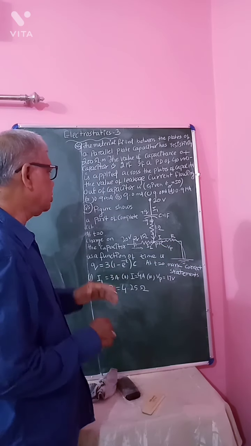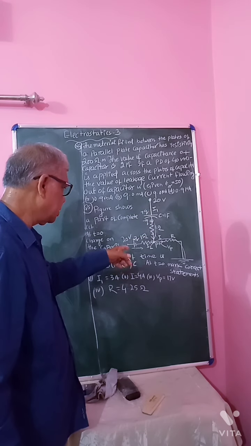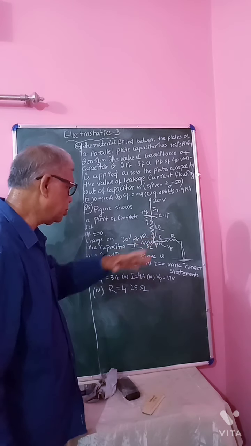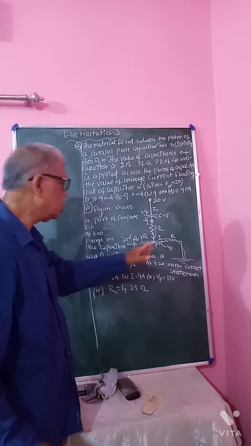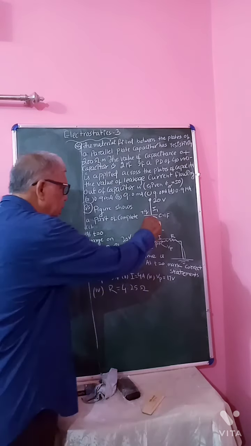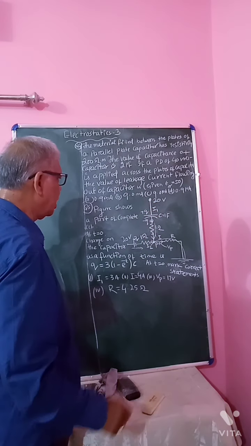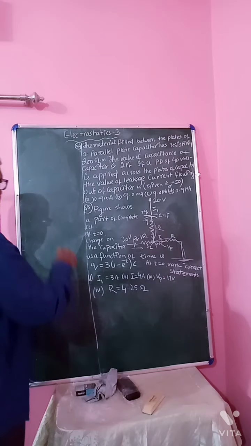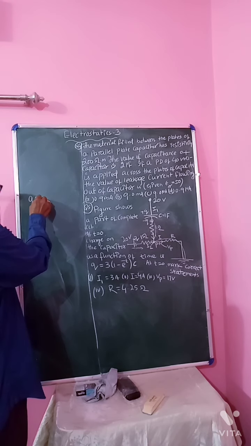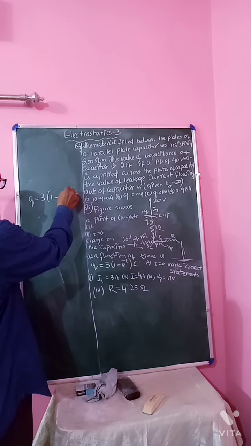Let us assume that the current through this branch is I1, and the current through this branch is I2. DC current cannot pass through this capacitor, but it is given that the charge at any instant is 3 into (1 minus e to the power minus t).